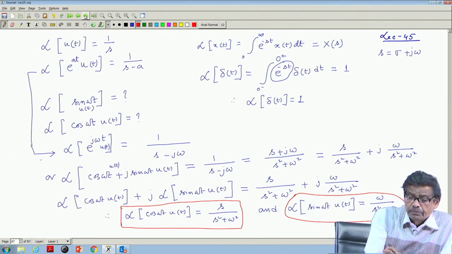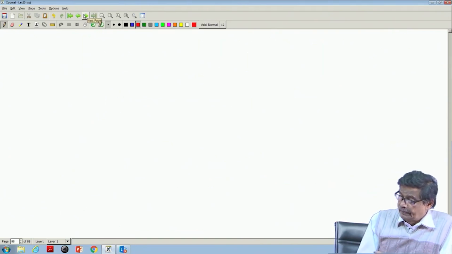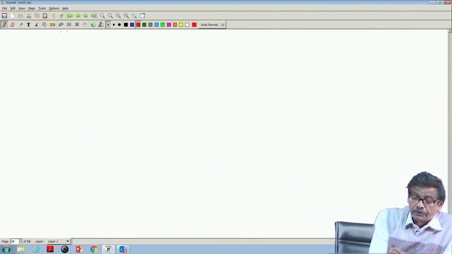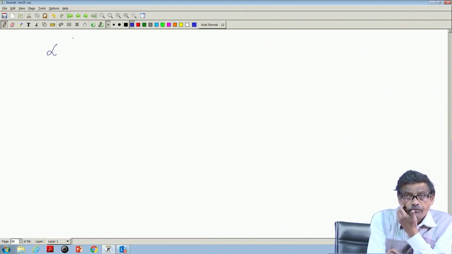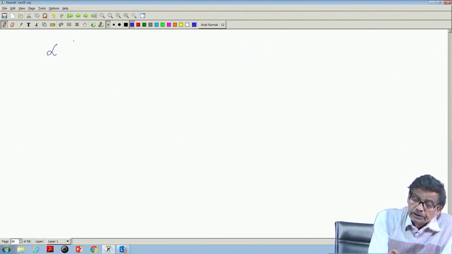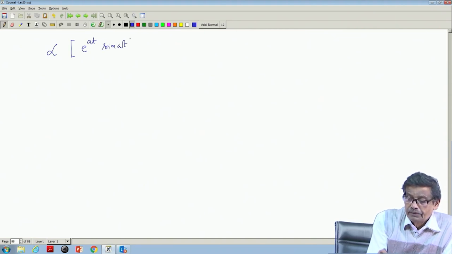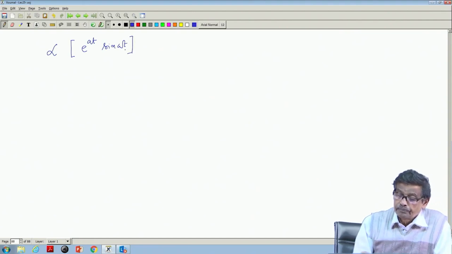Now, for example, let us try to write down something. If I ask for the Laplace transform of e to the power a t into sin omega t, what will it be?